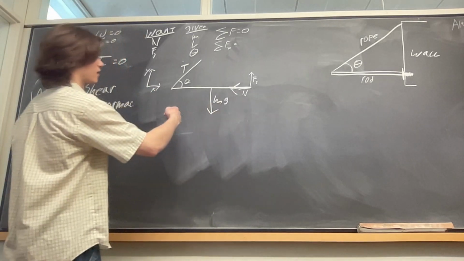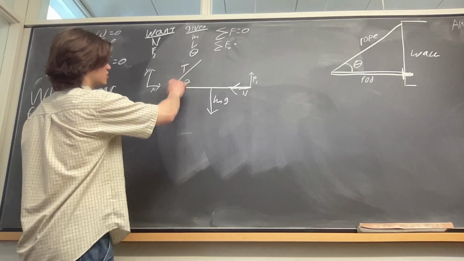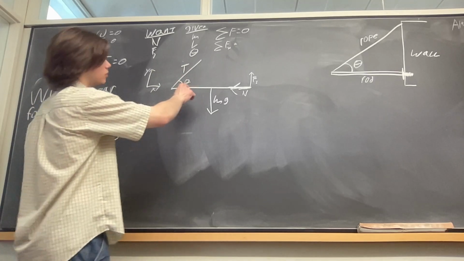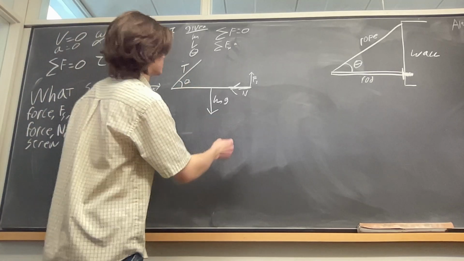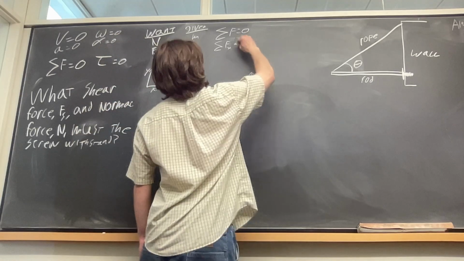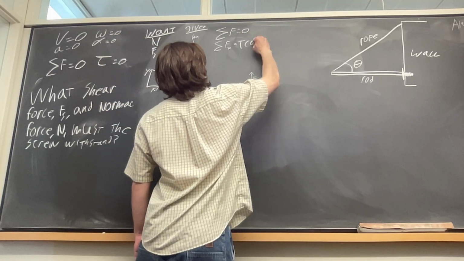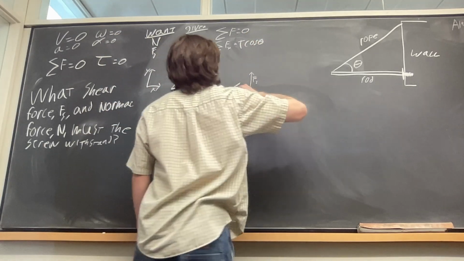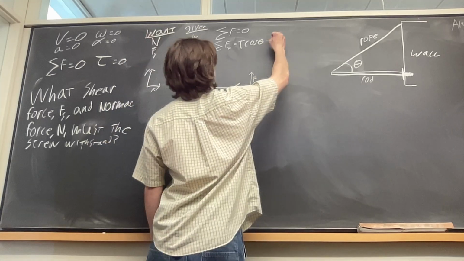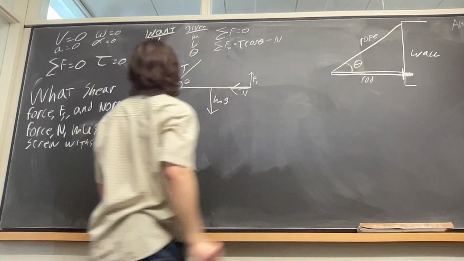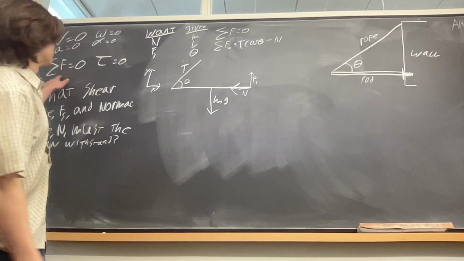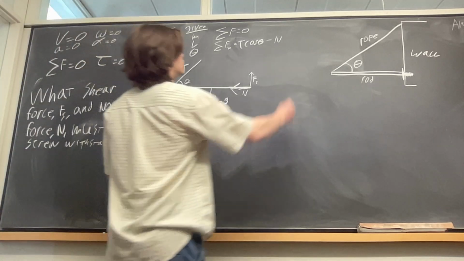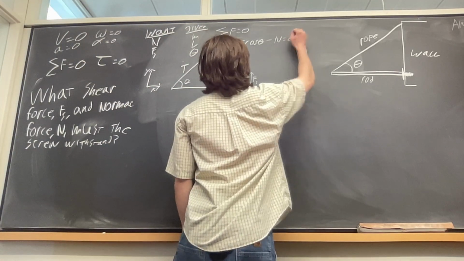So N is going in the negative x direction, and then the cosine component of tension is going in the positive x direction. So we have T cosine theta minus N. And remember, because it's at static equilibrium, the net force equals zero. That means that this equals zero.